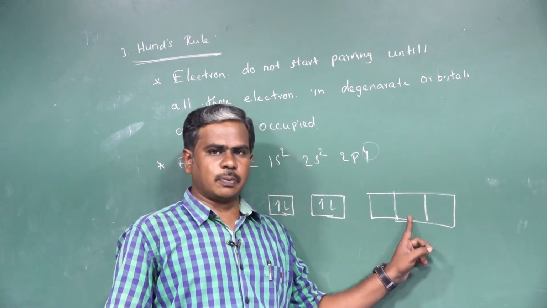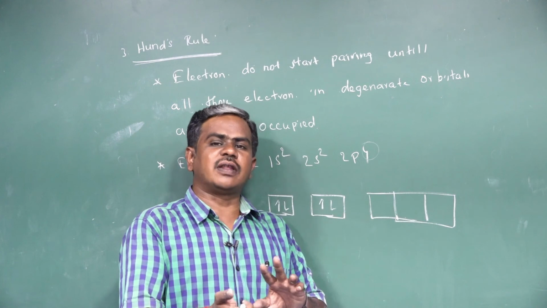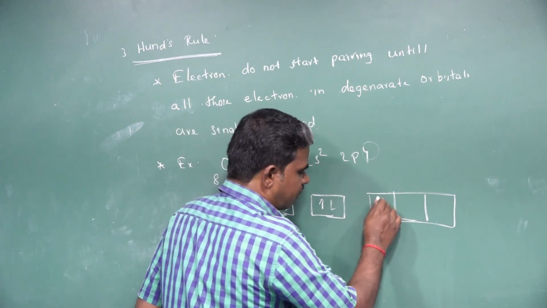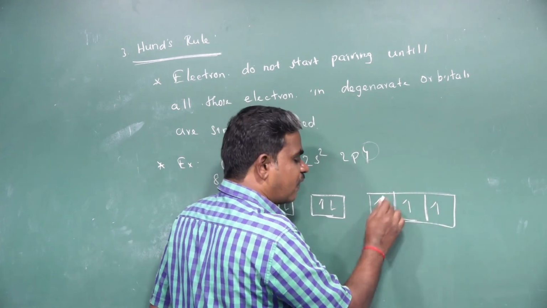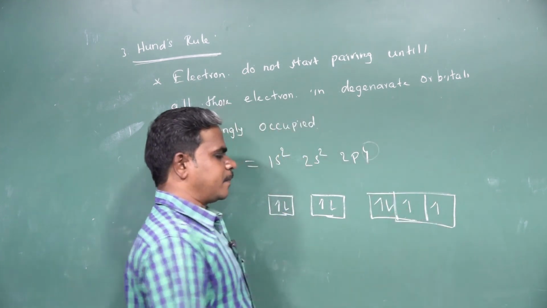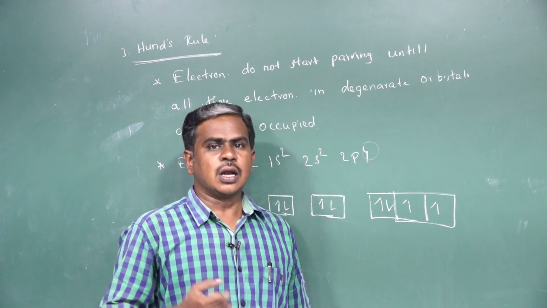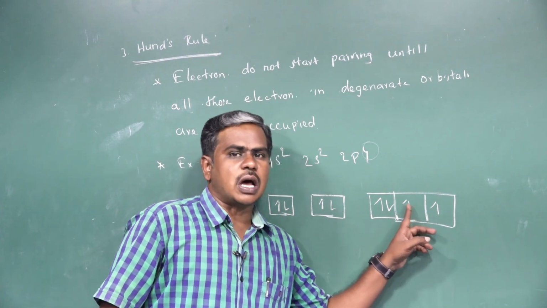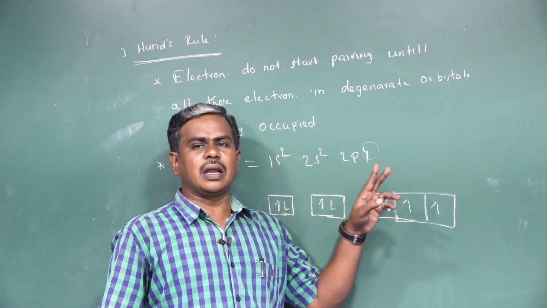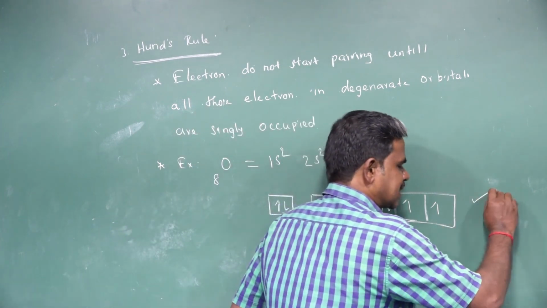First, we fill with singles and after that pairs. So we fill one, one and one. After that, it will pair. So, electrons do not start pairing until all those orbitals are singly occupied. So, it is correct.